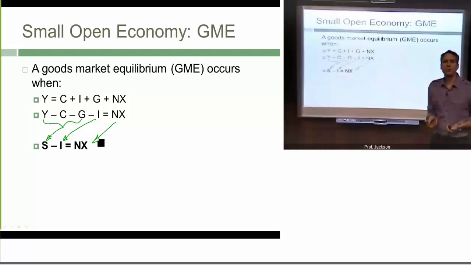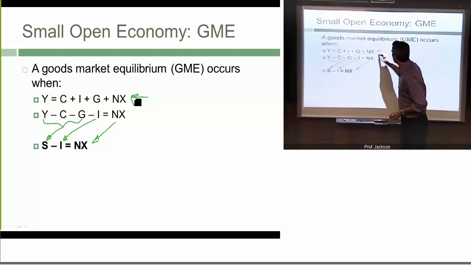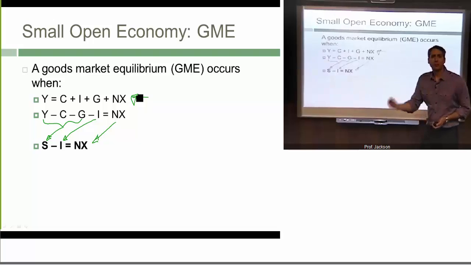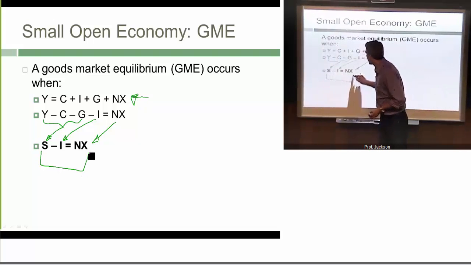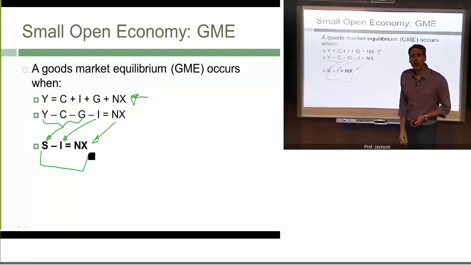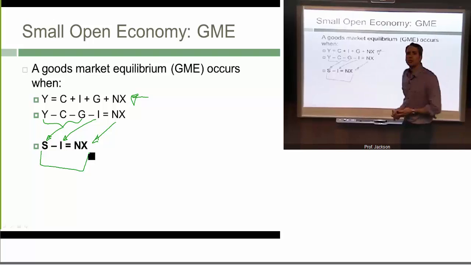So our goods market equilibrium, again, is assuming that production is equal to what people buy, or alternatively, it says that a goods market equilibrium in a small open economy is where savings minus investment has got to be equal to net exports. So those are two sides of the same coin, and they mean the same thing.